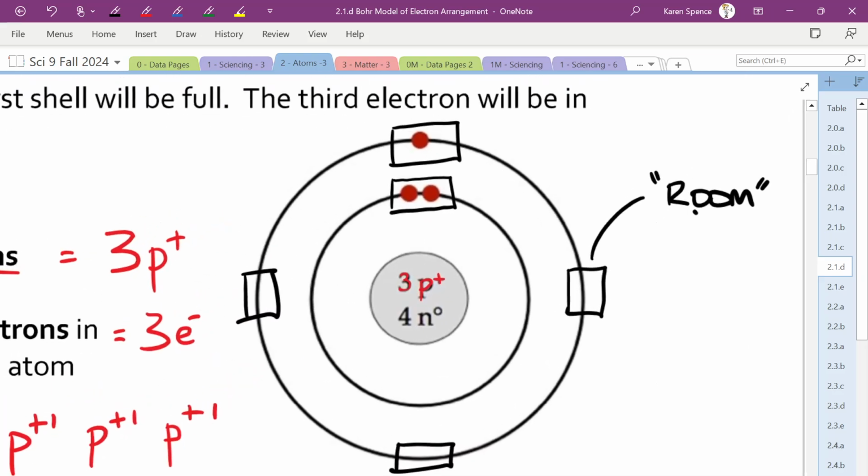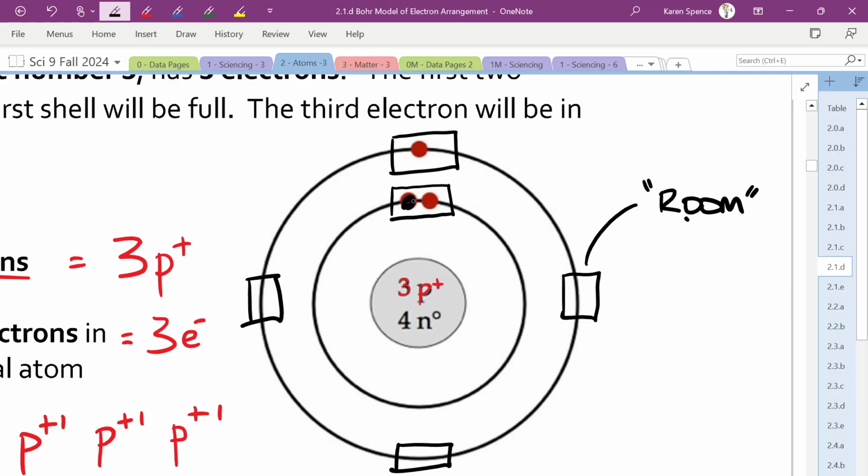So you can see, where did the electrons go? They went into the first floor, and then that room was full. And so the 3rd electron has to go onto the 2nd floor. It doesn't matter whether you put that electron on the top or on the bottom or on either side. It really doesn't matter. I like to start at the top and work my way around clockwise because it keeps me organized, but you don't have to.